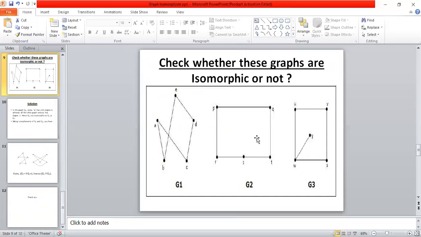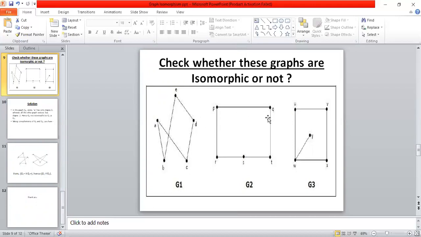Coming to the next example, check whether these graphs are isomorphic or not. Okay, we have again three graphs, G1, G2, G3. First condition, we need to count the number of vertices in each graph. 1, 2, 3, 4, 5.